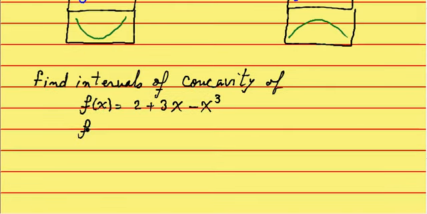What do we do? Well, you know how to find the first derivative. First derivative was 3 minus 3x squared. Second derivative, I take another derivative out of this. All I'm left with is just minus 6x.